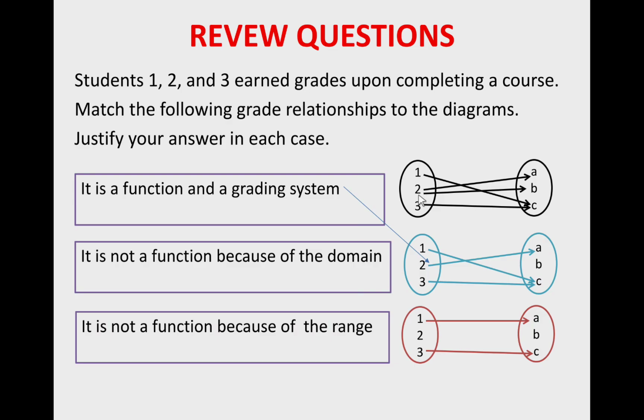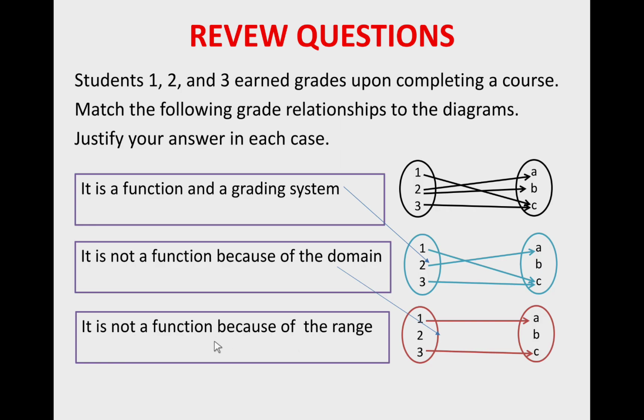Let's try here. Okay, it is not a function because of the domain. Here the condition for the domain is violated, because the condition for the domain says every element in the domain must be mapped to an element in the range, and this is not the case with this one. That means we could also say that 2 is mapping the brown model.